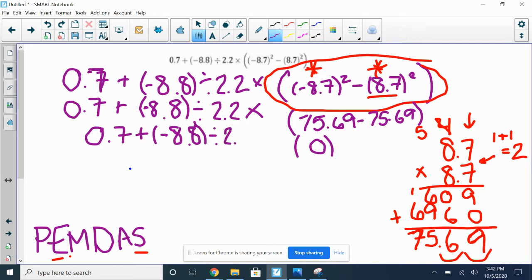Divide 2.2 times 0. All right, so now I have division and multiplication. This is where multiplication and division are side by side, so I'm going to go from left to right with that. So I'm going to say 8.8 divided by 2.2.